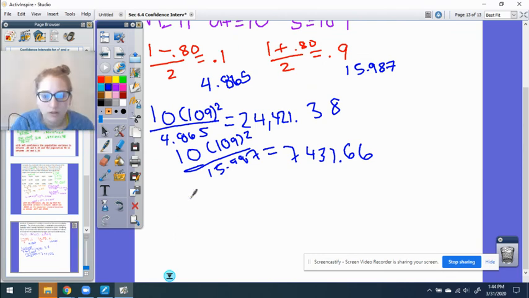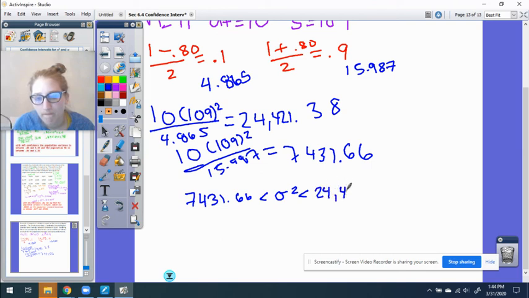Okay, so let's go ahead and write that. So remember, your smaller number is always going to go on the left side. And then you're going to go ahead and take the square root of each of these.